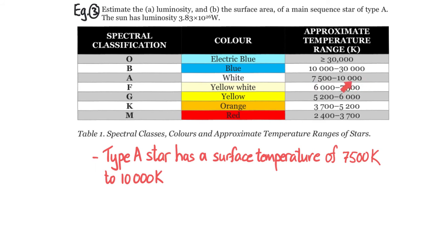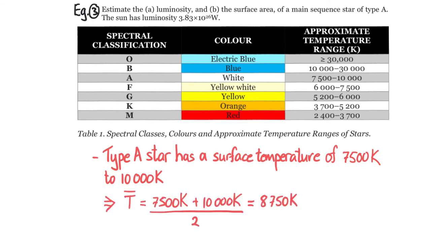That would sit in the middle of the HR diagram, between left and right. So now we can calculate the average of the lower limit and the upper limit. So 7,500 Kelvin plus 10,000 Kelvin divided by 2 gives us 8,750 Kelvin.